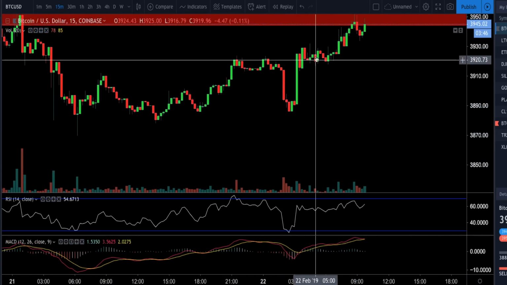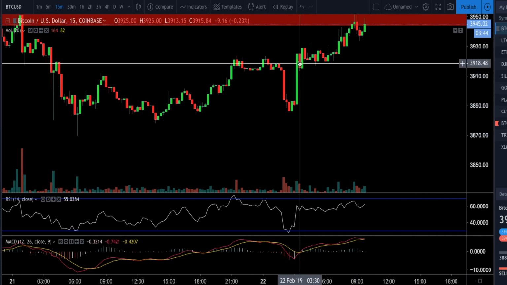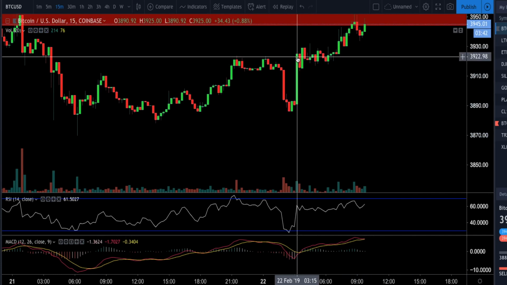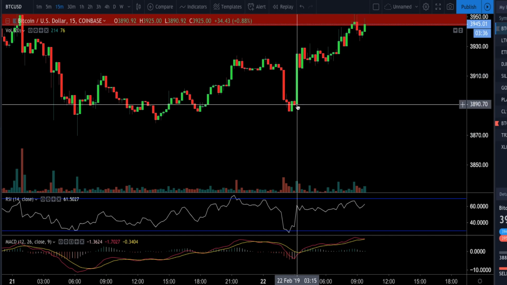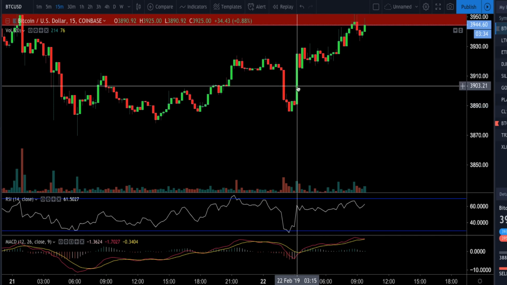So once again, let's take this candle right here for instance. Now we are on a 15-minute chart, which means 15-minute candles. You can see that we had an OHLC: 38.90 was the open, 39.25.